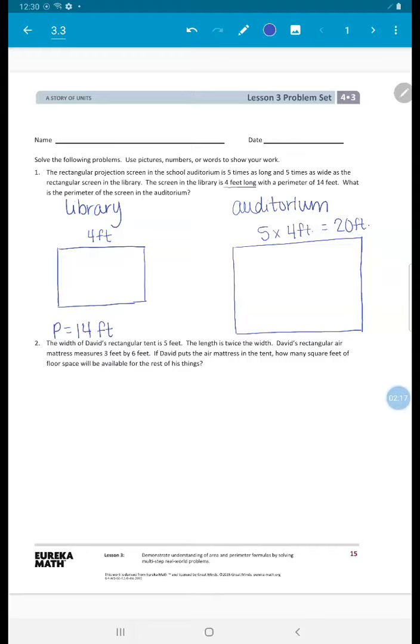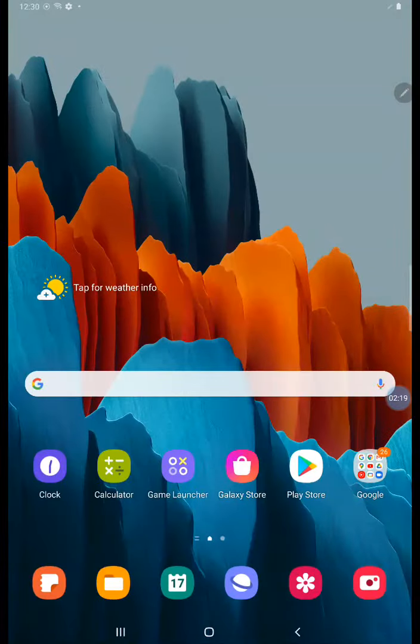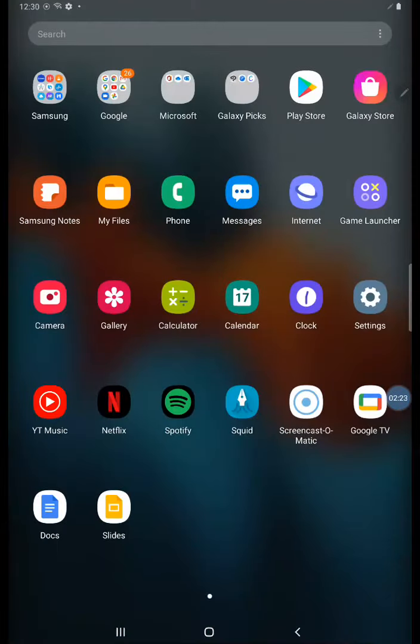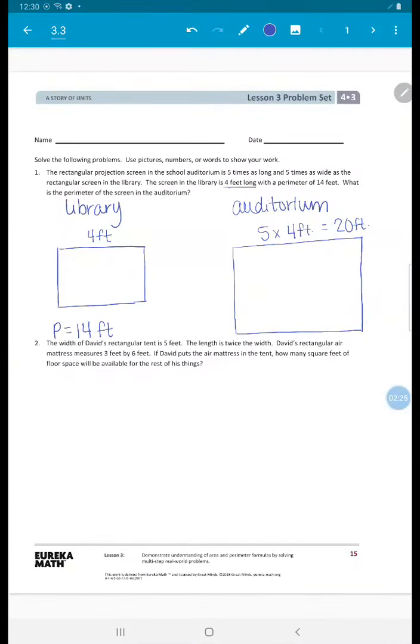So before we can find the perimeter of the screen in the auditorium, we're going to have to figure out the width of the screen that's in the library. So we're going to do that by applying what we know about perimeter. Remember, perimeter is the measure around the outside of a shape.